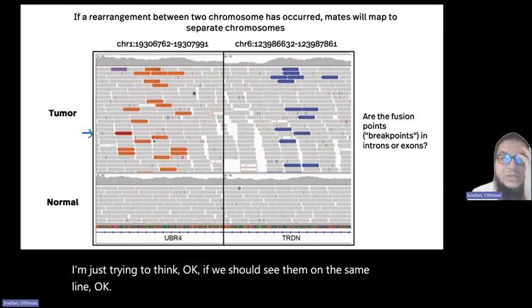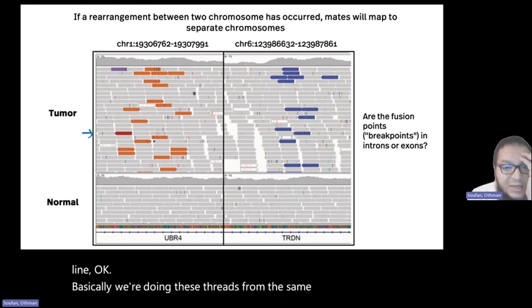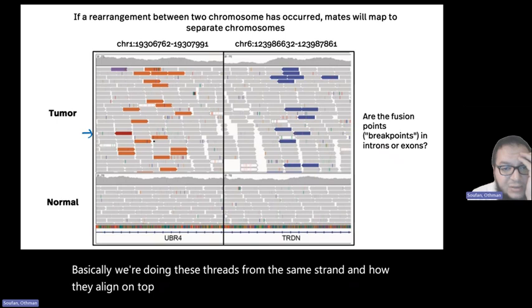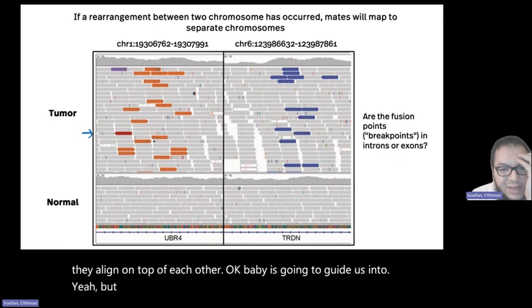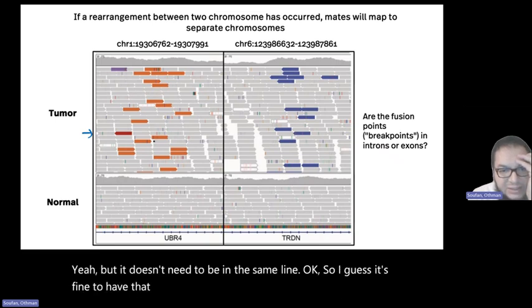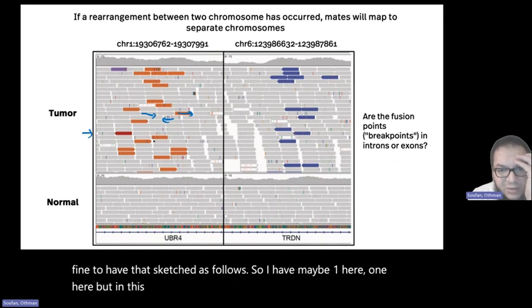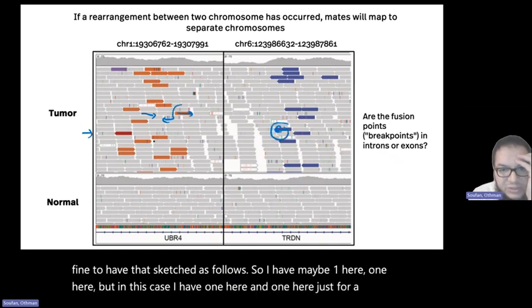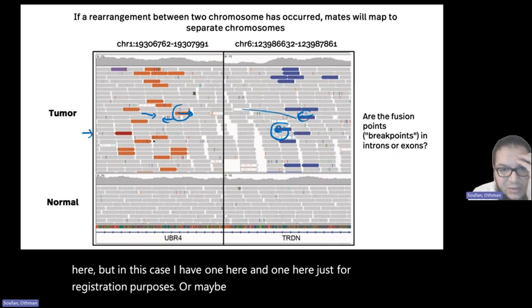Basically, we're doing these reads from the same strand and how they align on top of each other is going to guide us, but it doesn't need to be in the same line. So I guess it's fine to have that sketched as follows. I have one here and one here, just for illustration purposes.